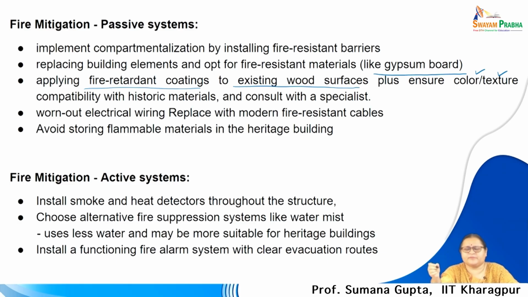Electrical routes can be changed, MCBs can be installed, yes, but that also needs careful replacement. Flammable materials to be avoided, storing of any flammable materials cannot be allowed in any heritage building.